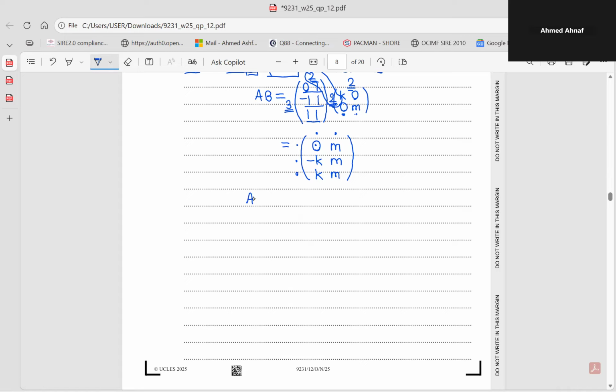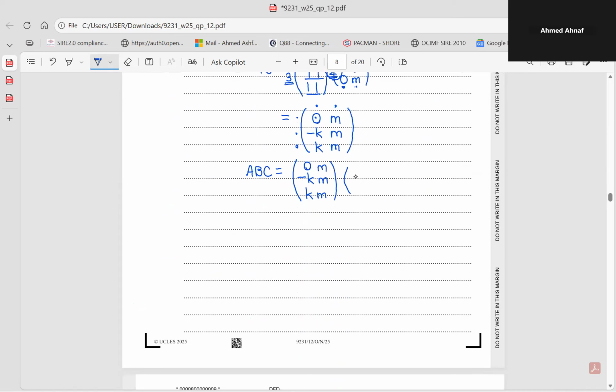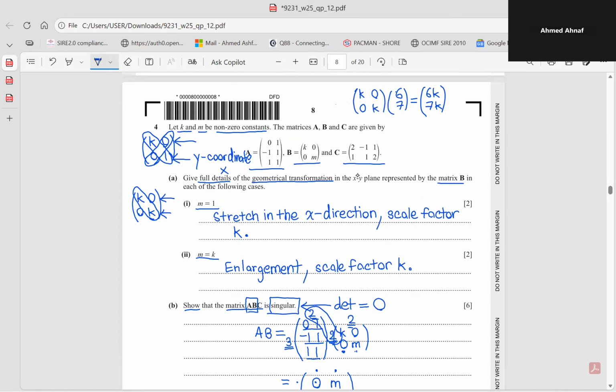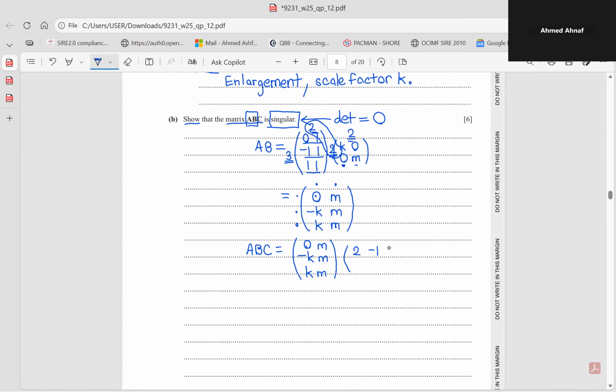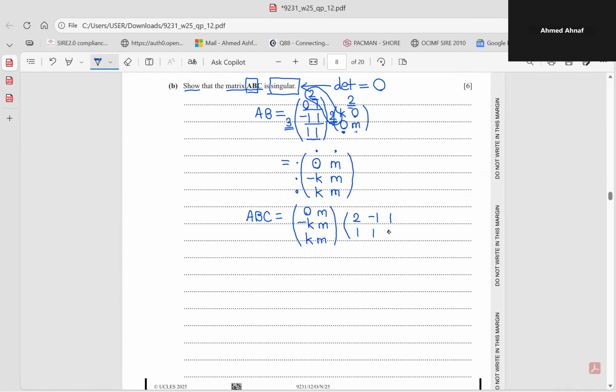Now we can find matrix ABC by multiplying our resultant matrix AB, so 0 m, minus k m, k m, with a matrix C, just 2, -1, 1, 1, 1, 2, 1, 1, 2.